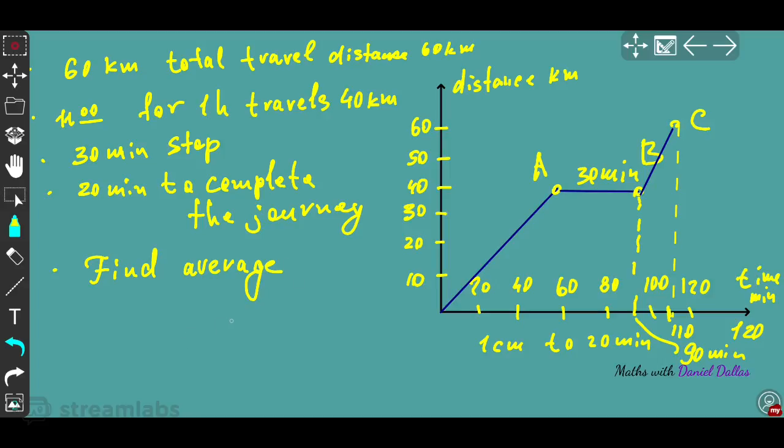To get speed, distance over time. Find average speed in your case over the last 20 minutes. How to find that?